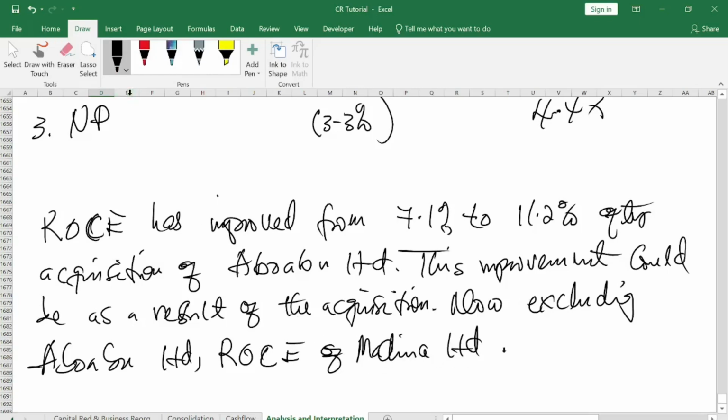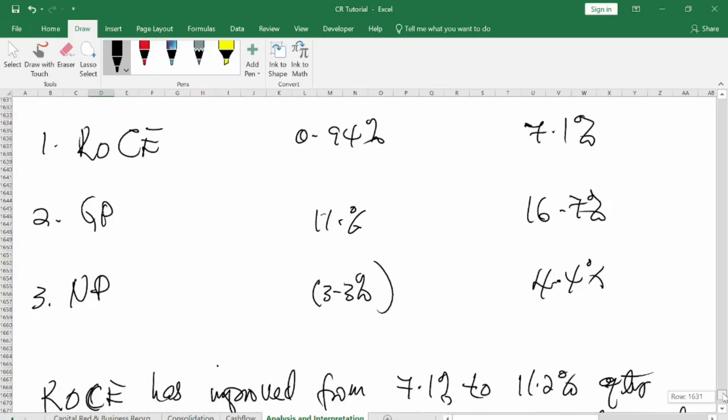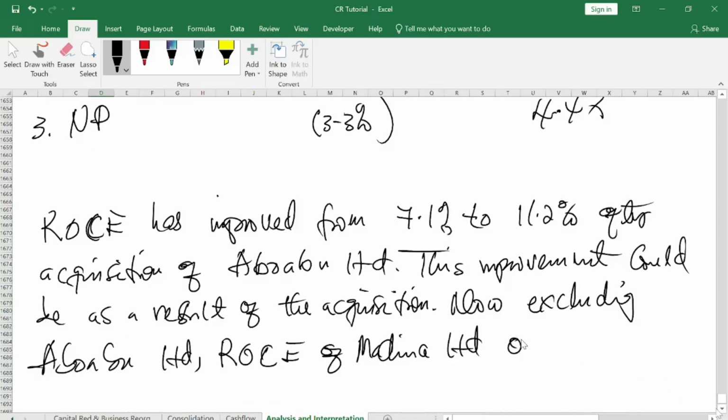Medina Limited. And when we did it, how much is it? Excluding the subsidiary it came down to 0.94%.